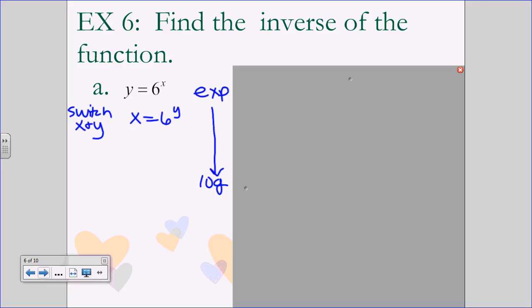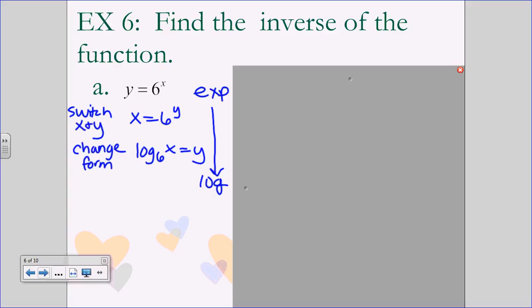Since I want y by itself, changing the form will give me y by itself. If you remember yesterday when we talked about logs, we would take the log base 6, since we want the same base as the exponent. Yesterday we went from log to exponential. Now we're practicing going the other way. So log base 6 of x is equal to y.